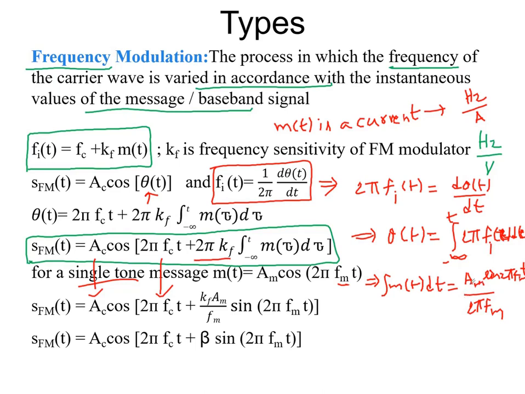Obviously we will be left with kf times Am by fm, which may be represented with another parameter called beta, where beta is the modulation index for frequency modulation. The modulation index is kp times Am for phase modulation, and here it is kf times Am by fm for frequency modulation. And the integration of cos is sine, that's why you are getting a sine waveform here.